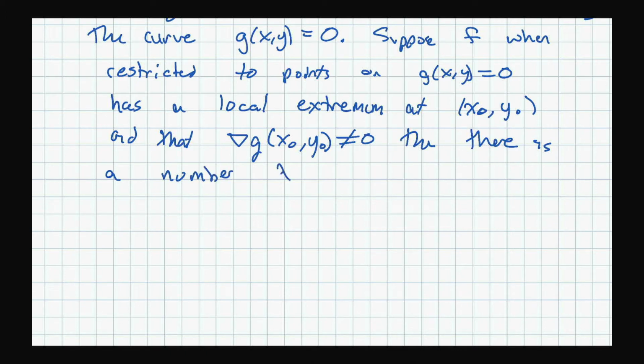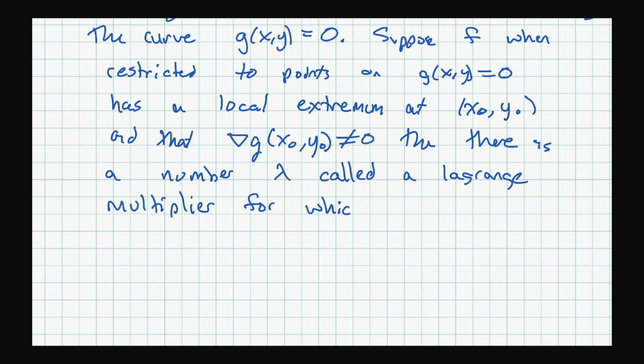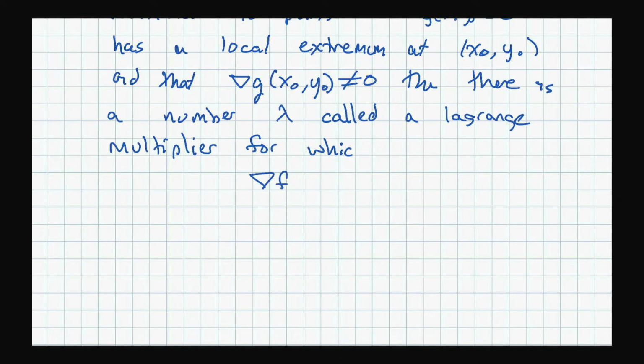I don't really know why they use lambda, but they use lambda, and that's called a Lagrange multiplier, for which gradient of f is equal to lambda times the gradient of g. It said lambda times the gradient, but I didn't write the gradient. Okay, now this sounds complicated, but it's not that complicated.